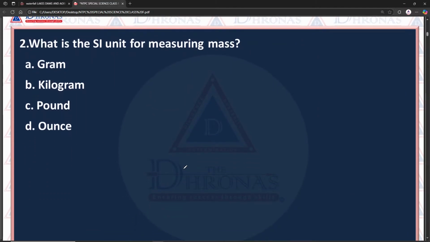Question number 2. What is the SI unit for measuring mass? Options: gram, kilogram, pound, ounce. So mass measurement के लिए SI system में कौन सा unit use होता है?